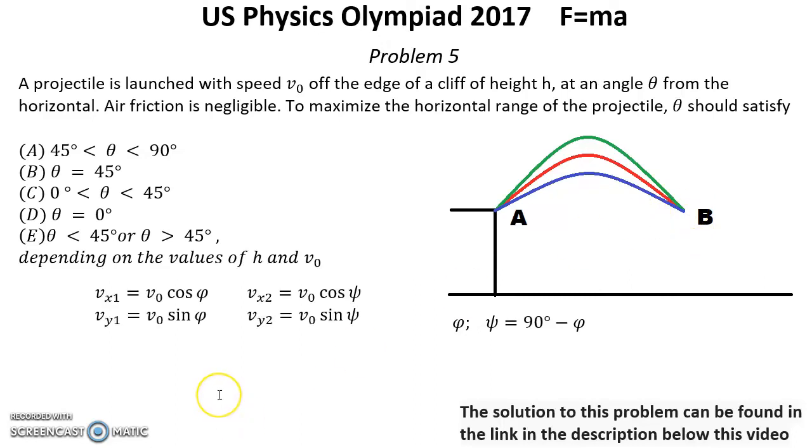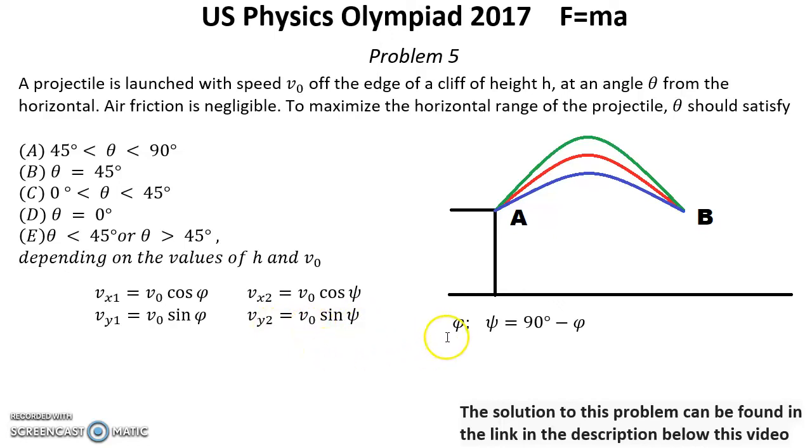For the green trajectory we have Vx1 equal to V0 cosine phi, and Vy1 equal to V0 multiplied by sine phi. And the same for the blue trajectory: Vx2 equals V0 cosine psi, and Vy2 equals V0 sine psi.